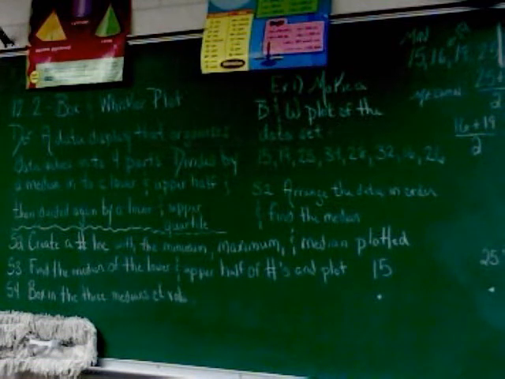On the upper half, that should be a little bit easier to figure out. We're looking for the number that's between 28 and 32. You can add them up, 28 plus 32 divided by 2, but obviously that number would have to be 30. I'm also supposed to plot those now, so I'm going to put those on that same number line.